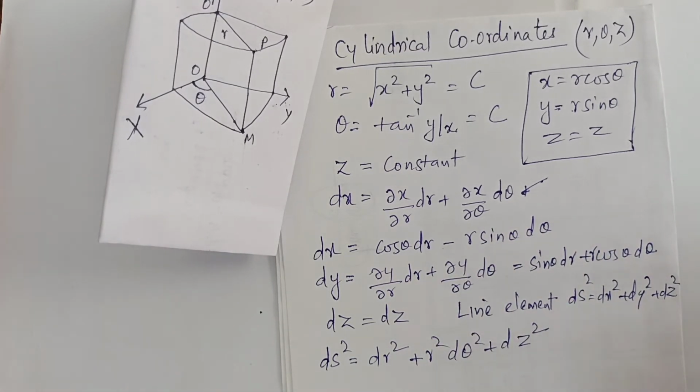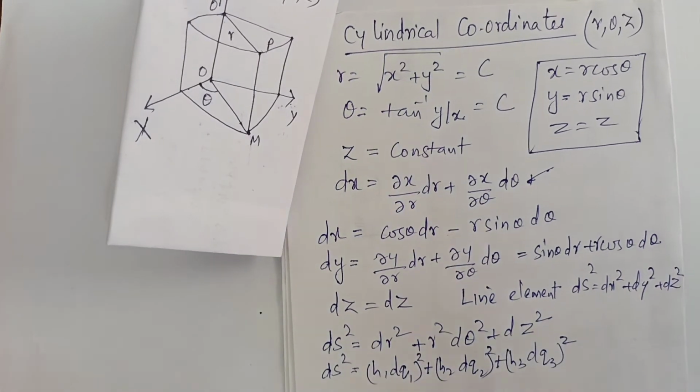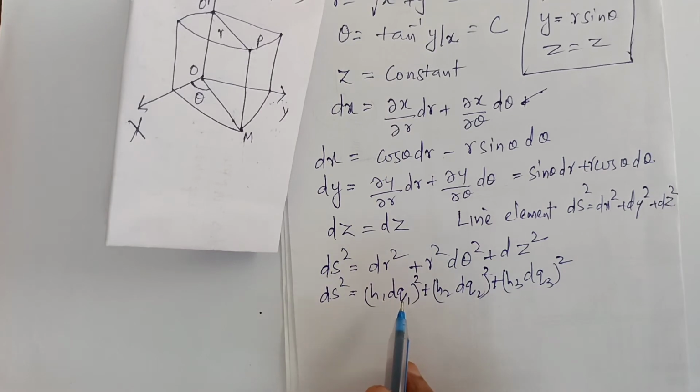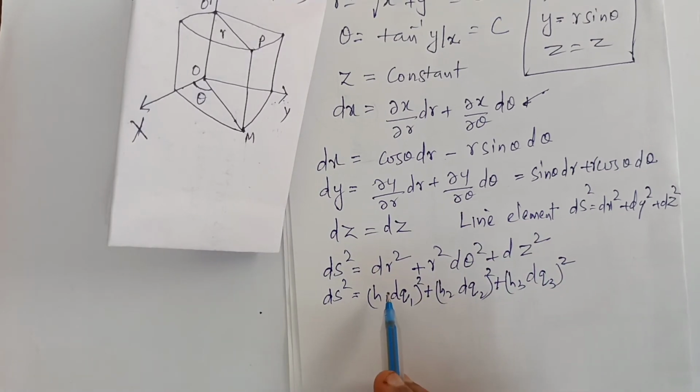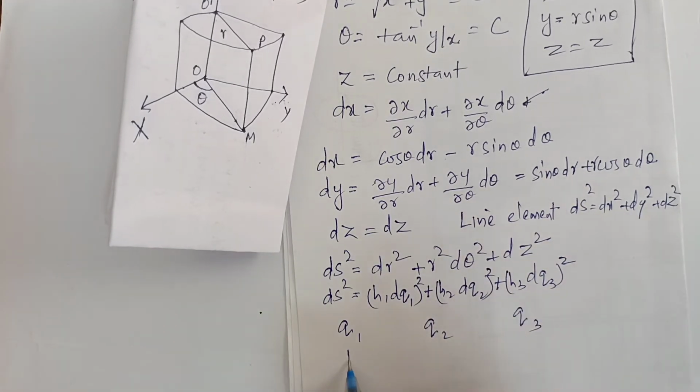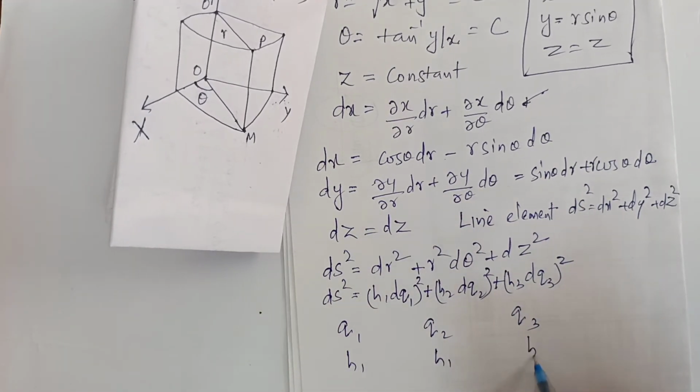Now again we are going to compare this with our standard equation, that is ds square is equal to h1 dq1 square plus h2 dq2 square plus h3 dq3 square. So from here we are going to write the values for q1, q2, q3 and the scale factors h1, h2, h3.